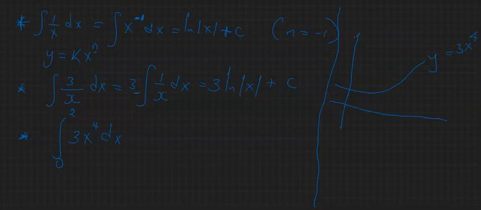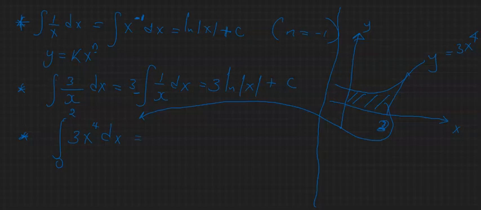Let's assume that the curve from 0 to 3 will look like that, x, y. So this integral is similar to the area below the curve from point 0 to 2.